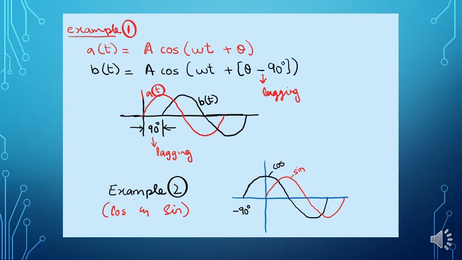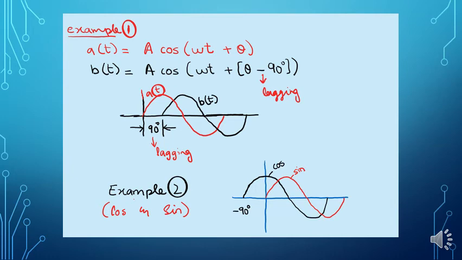Now we take the example of the same two signals, a of t and b of t. Say a of t is A cos(omega t plus theta) and b of t is A cos(omega t plus theta minus 90 degrees). What does this minus show? This minus shows that it is a lagging signal.